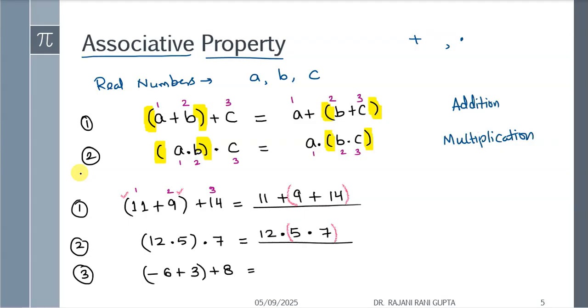The first number is minus 6, the second is plus 3, the third is plus 8. The bracket is between minus 6 and 3, so now the bracket will be on 3 and 8. Remember, before the bracket you should have an operator. If you put the bracket on plus 3 alone, there is no operator between minus 6 and the bracket, which will be wrong. So this will be the correct one.